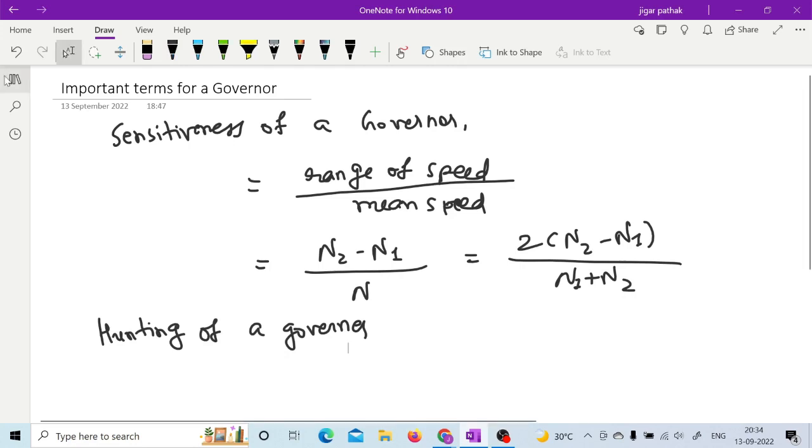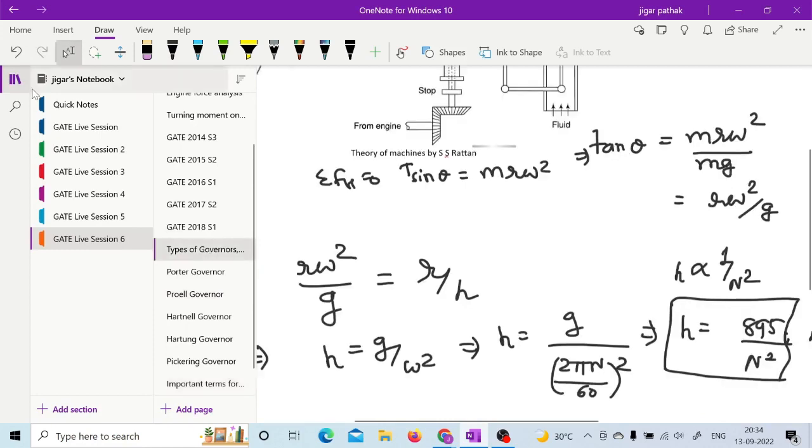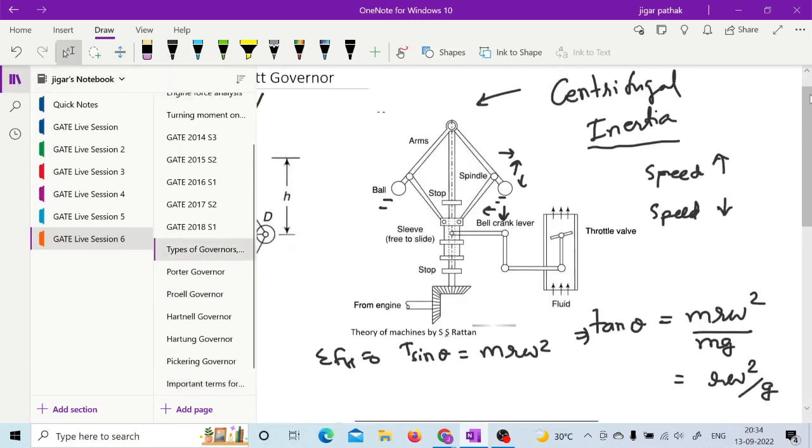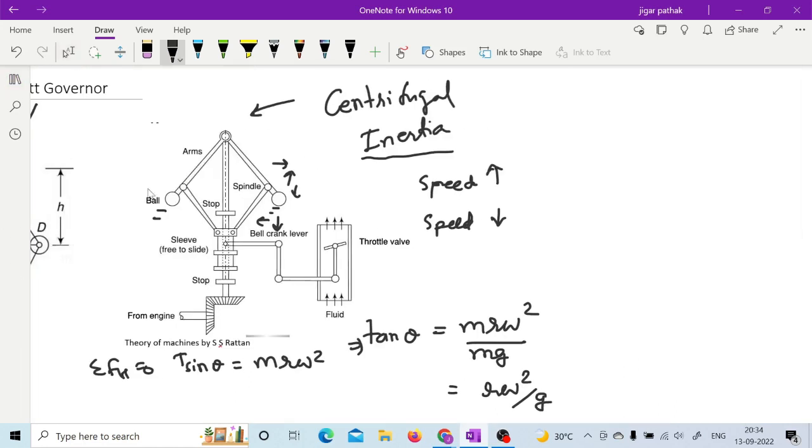If you see in the figure which we have seen earlier, if this is the equilibrium speed, and when the speed is increased, the fly ball will move upward, right? So the fuel supply will be decreased.